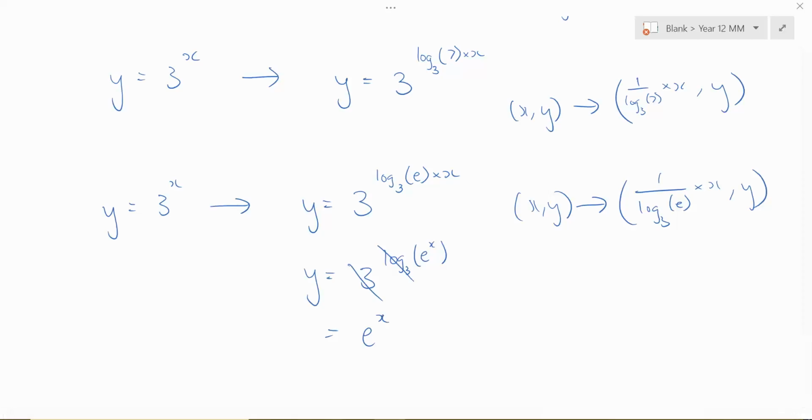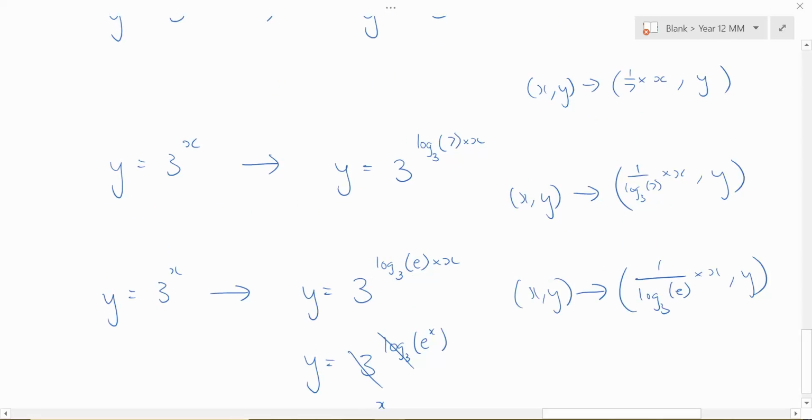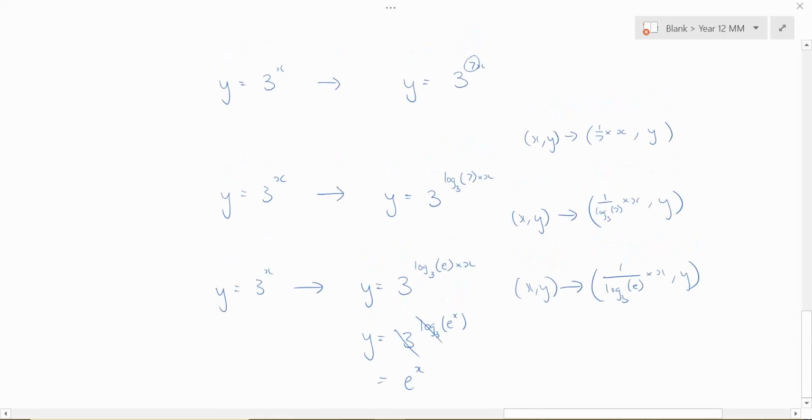Why is there another x in the transformation? Well, let's go back then. It's the same thing. You said 1 over 7 times x. All right, there you go. That's your change of base.